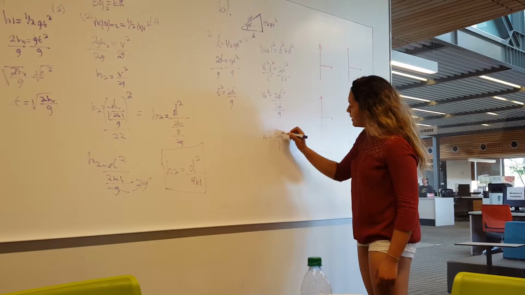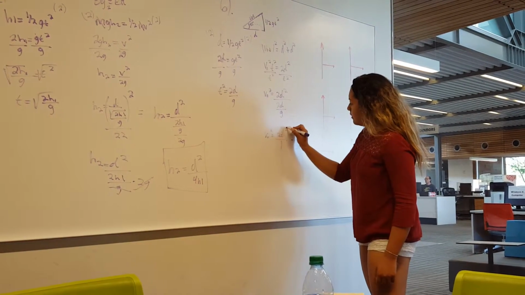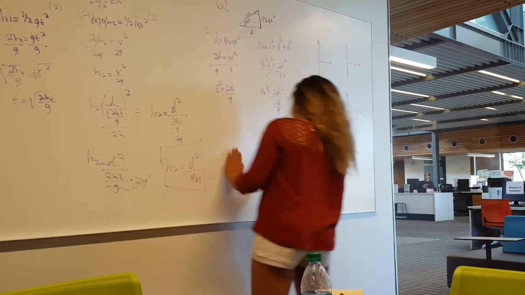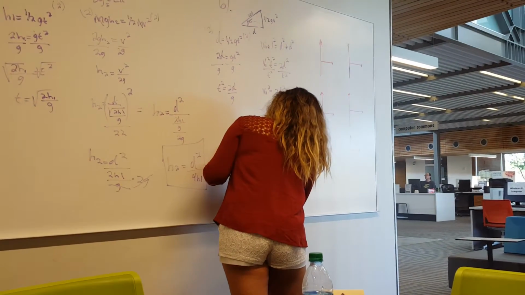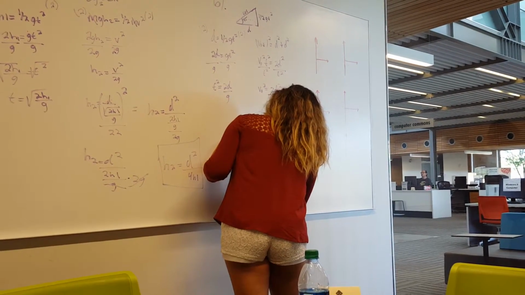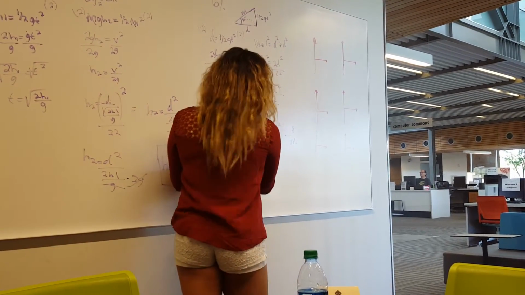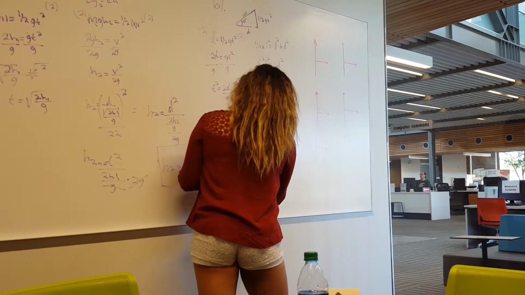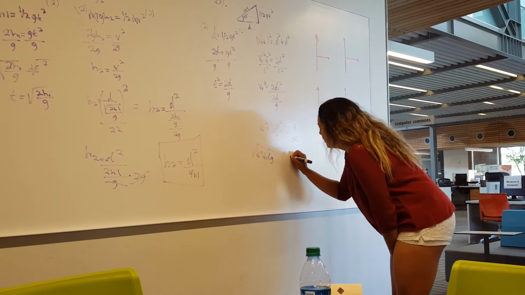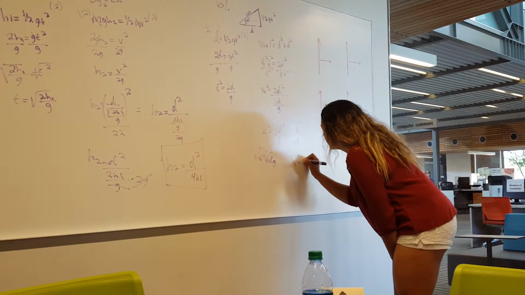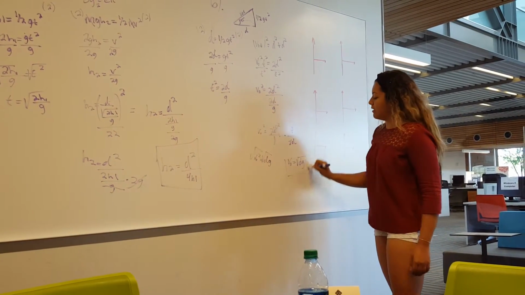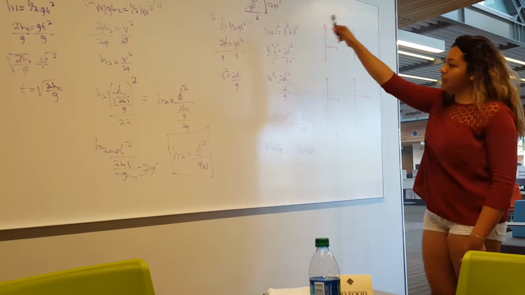So then one of the d's cancels out and the 2's cancel out, so then you get v naught squared equals dg, and to get rid of this square you have to square root it. So then you're left with v naught equals square root of dg, and that is your answer for number 6.